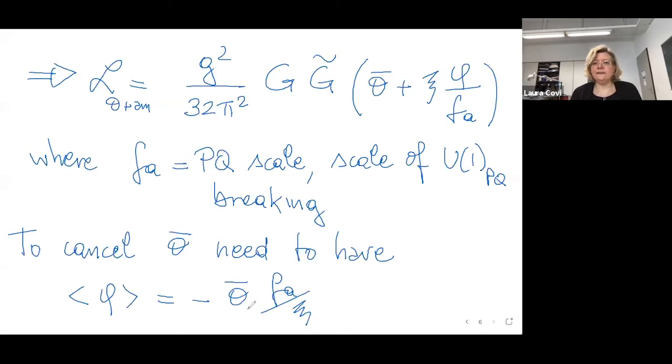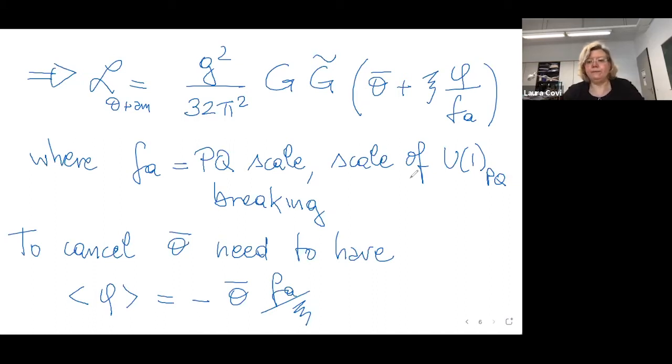In this case, this theta bar has no physical meaning, in the sense that it's degenerate with this expectation value of the phi field. So in principle, you can redefine all this together to be this phi field, and just consider the behavior of a phi field connected to the GG dual term. This is actually what I will do in a minute.